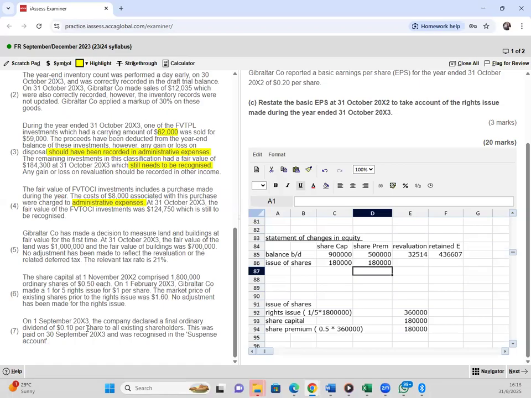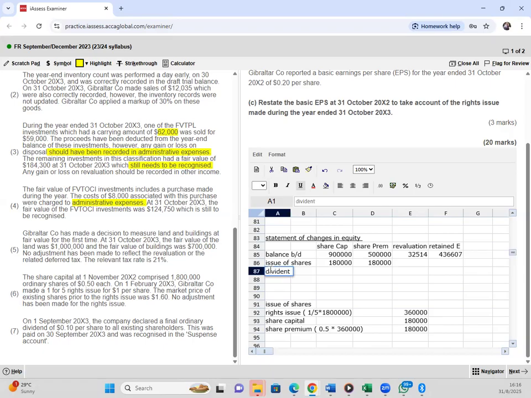Then on 1 September 2023, the company declared a final ordinary dividend of 10 cents per share to all existing shareholders. This was paid on 30 September 2023 and was recognized in the suspense account. Dividends declared are not entered in the statement of changes in equity, but dividends paid are.